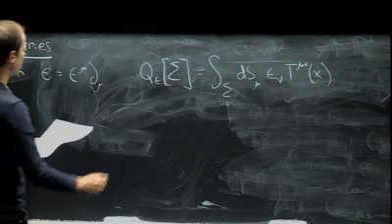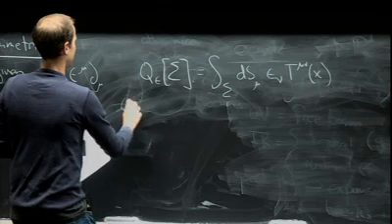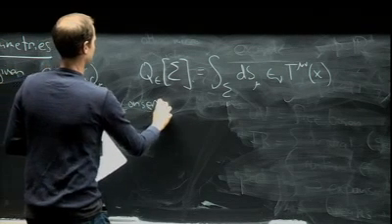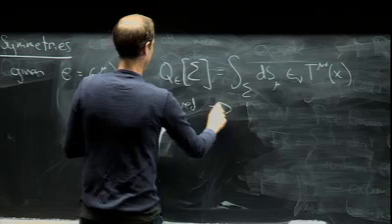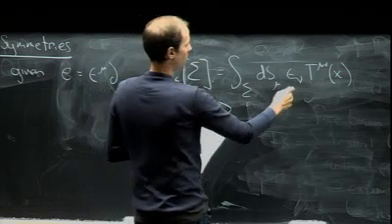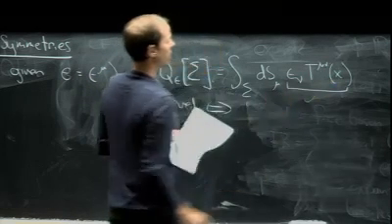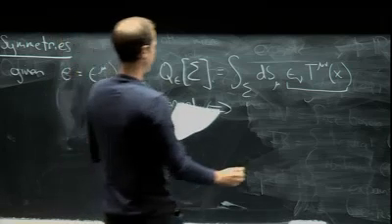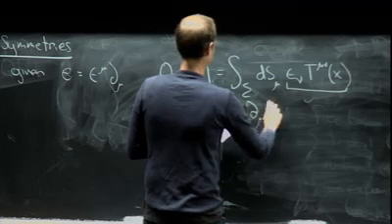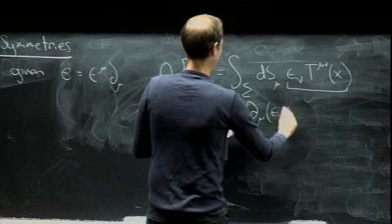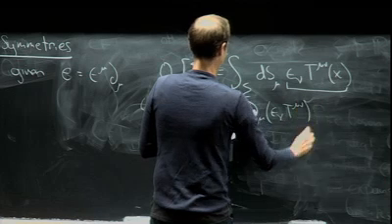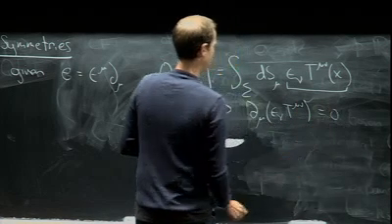And this charge will be conserved if this current is conserved. So d mu of epsilon nu T mu nu equals 0.